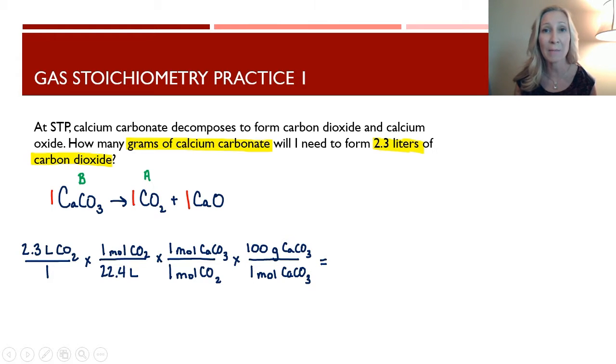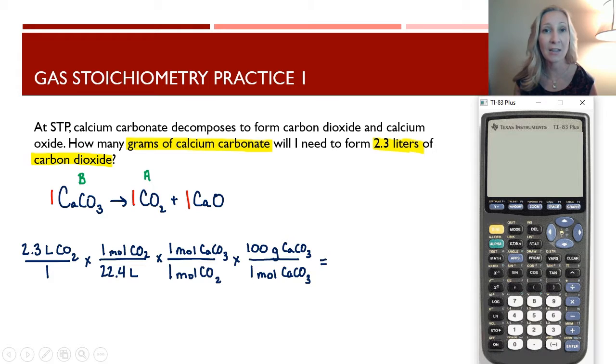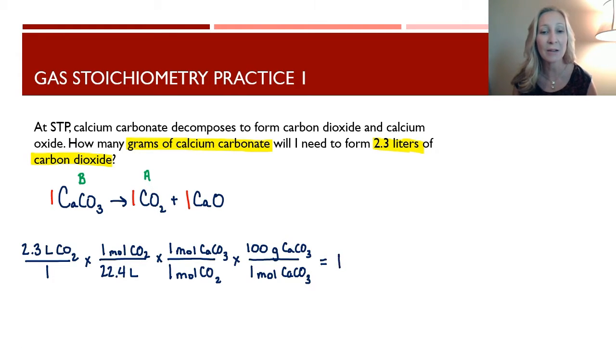So I multiply by the molar mass, which I find on the periodic table: the molar mass of CaCO3 is 100 grams per mole. Multiply this all out: I have 2.3 liters of CO2 times 100 divided by 22.4 liters, and what I end up with is 10, rounded to 2 significant digits, 10 grams of calcium carbonate.